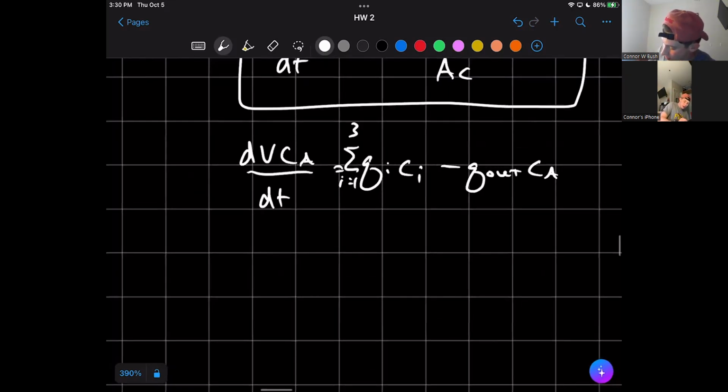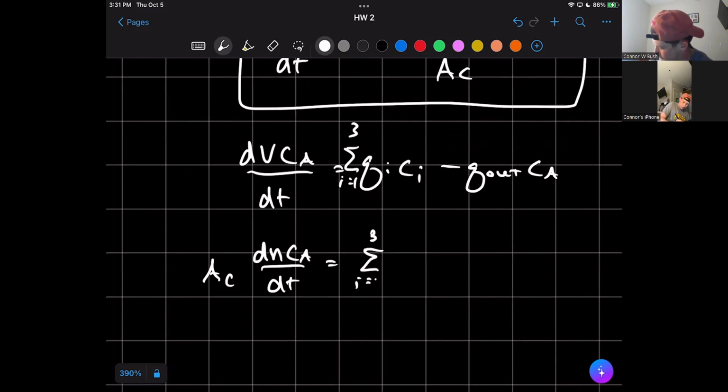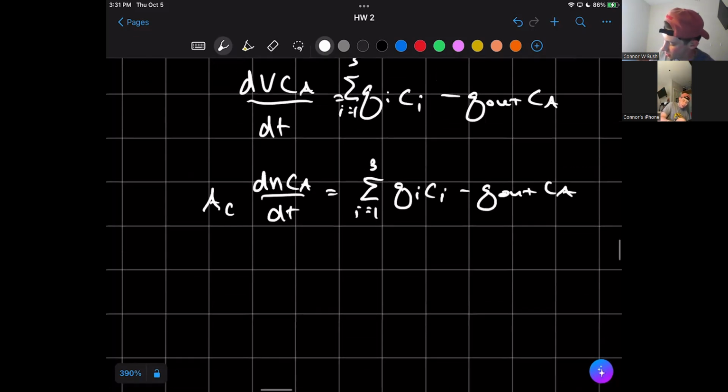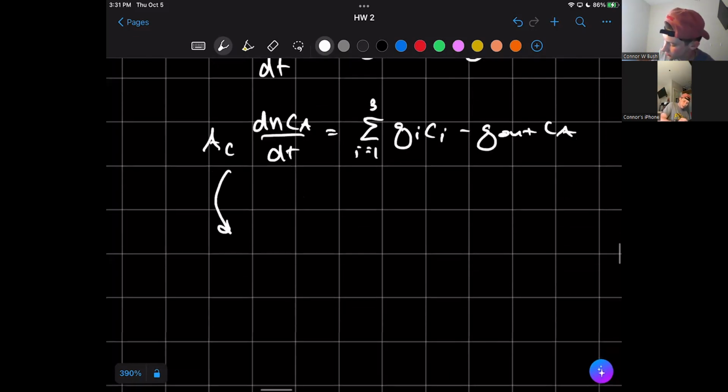If we break this up in terms of height, which we know, it turns out to be something like this. And then we're going to need to use the product rule to separate that out. So that comes out to be this expression.